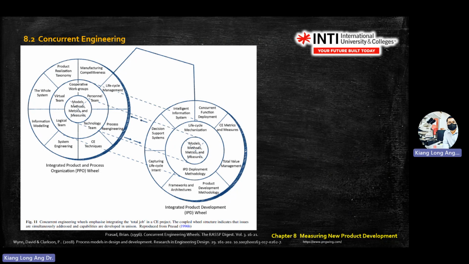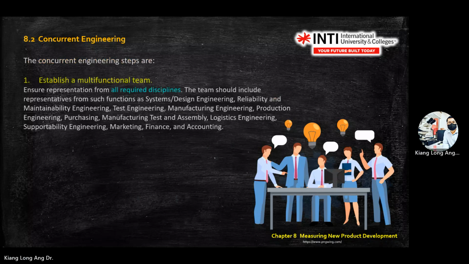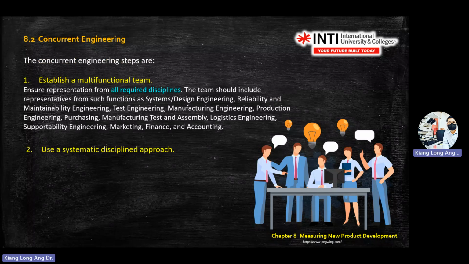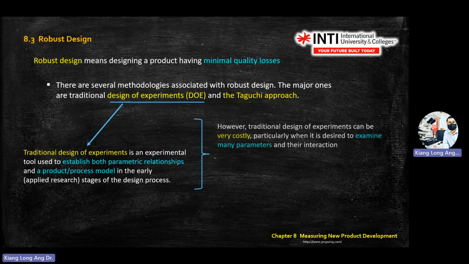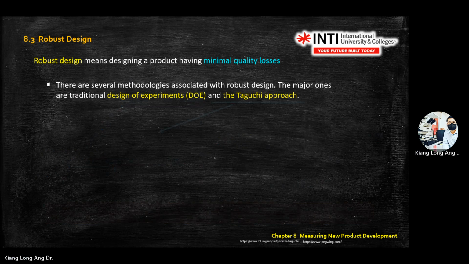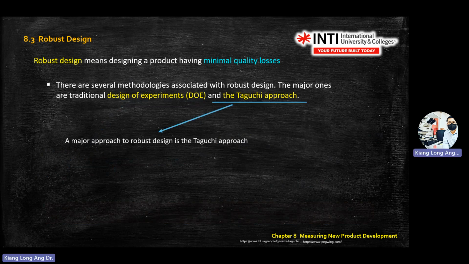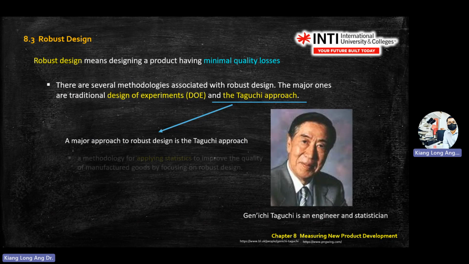So this is a chart, okay. So these are the concurrent engineering steps. There are a few steps you read through. Okay. Robust design, also you read through. I'm supposed to ask you this one in your final exam, but for your short semester, I don't ask you this one. But your junior batch will see all these questions.